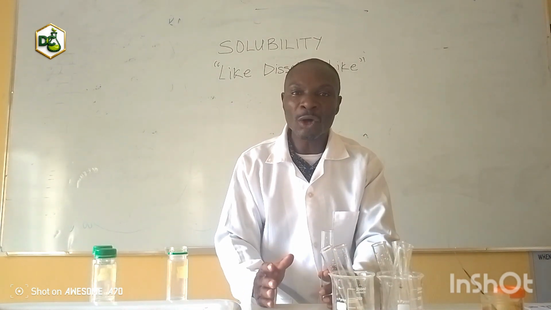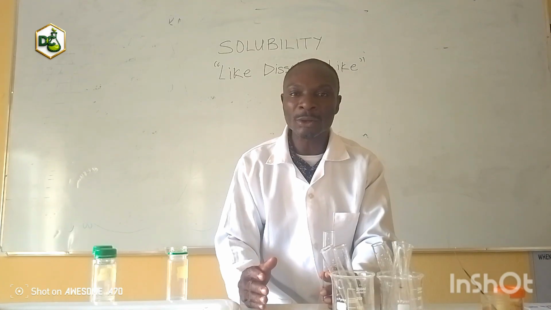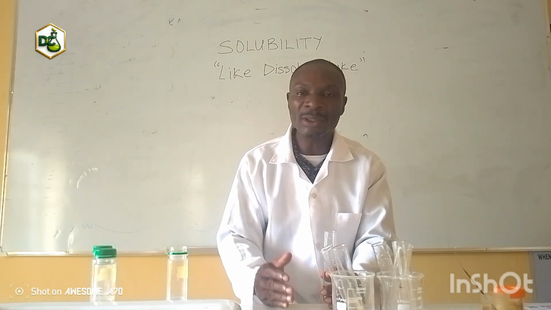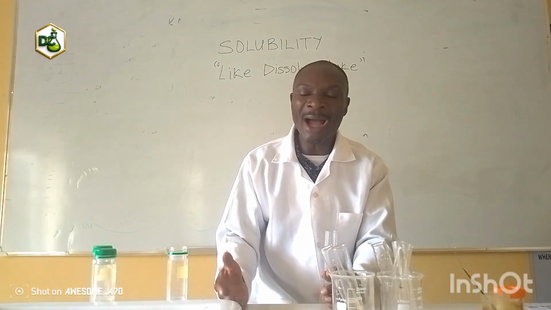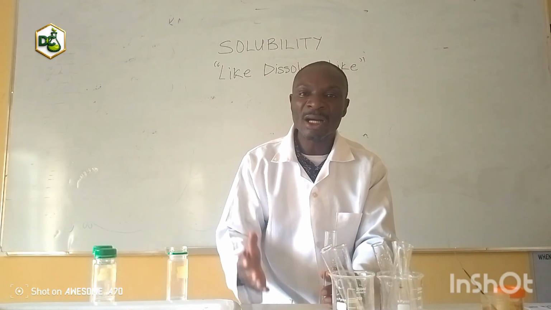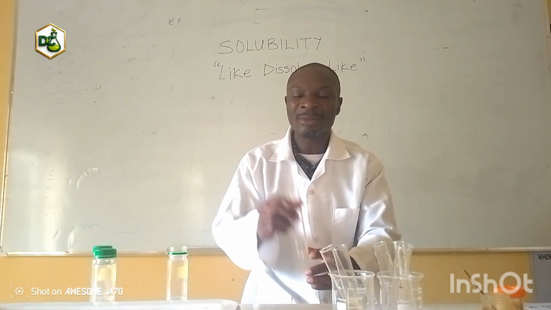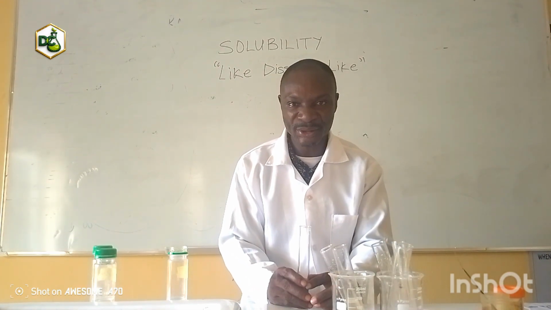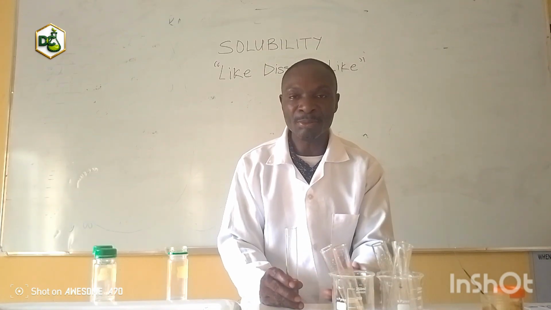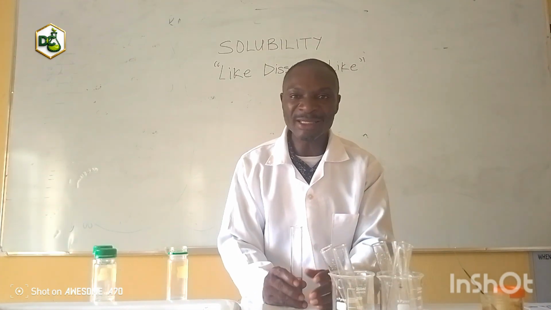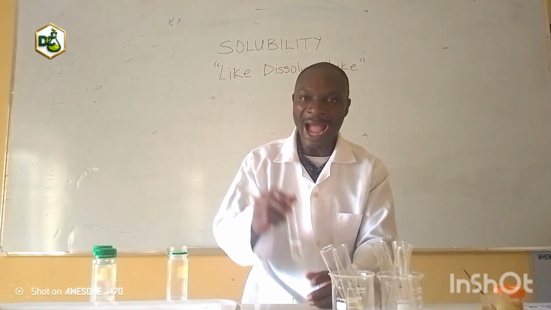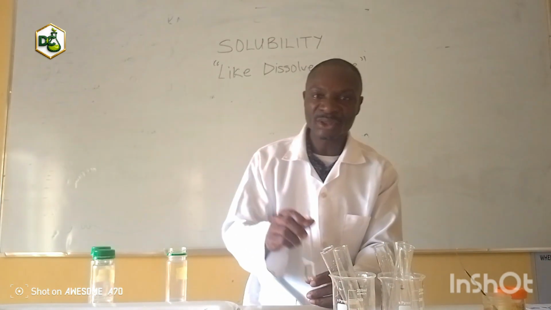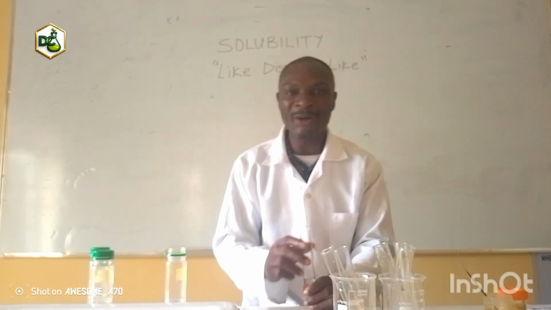So, for ethanol or methanol or propanol, where the carbon atoms are 1, 2, and 3, now can be soluble in polar liquids like water, because the polarity is still high because it has a lower carbon chain, so it can be dissolved in water.